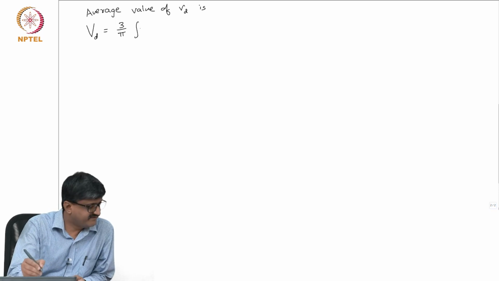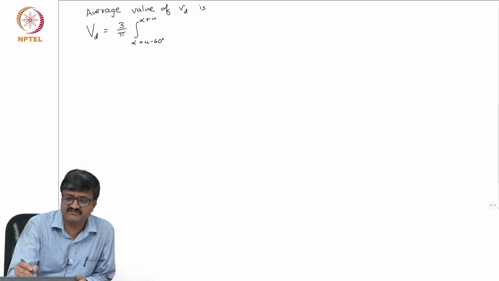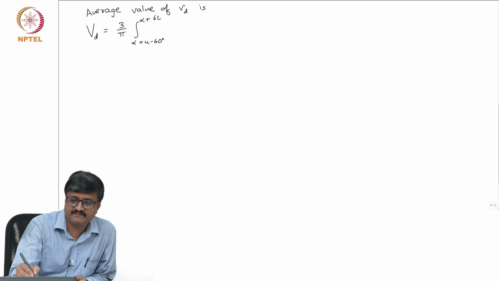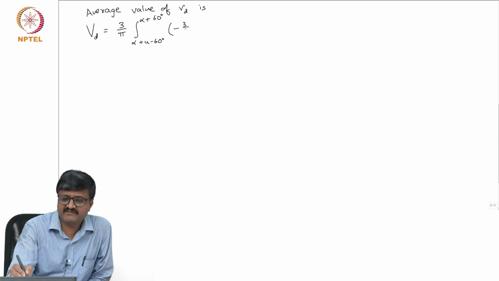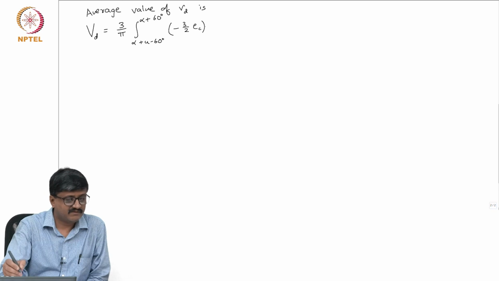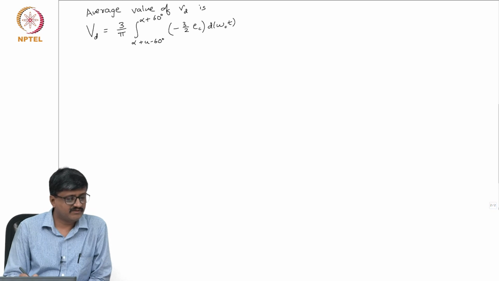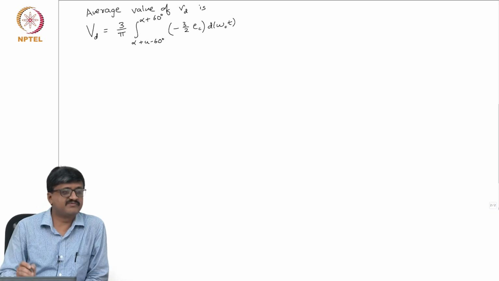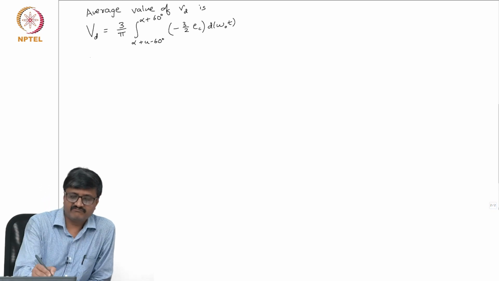In the second subinterval, which is from alpha plus u minus 60 degrees to alpha plus 60 degrees, the expression for VD is minus 3 by 2 EC d omega t. Just substitute the expression for EC and integrate.